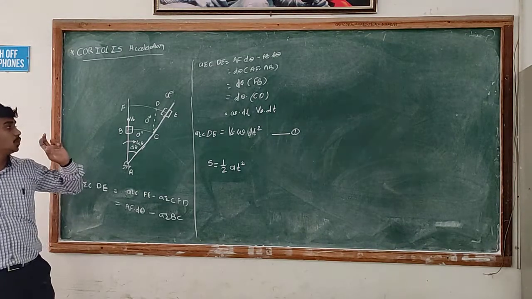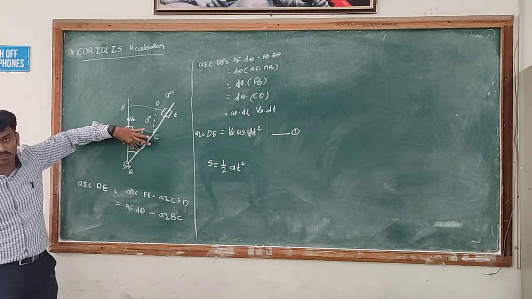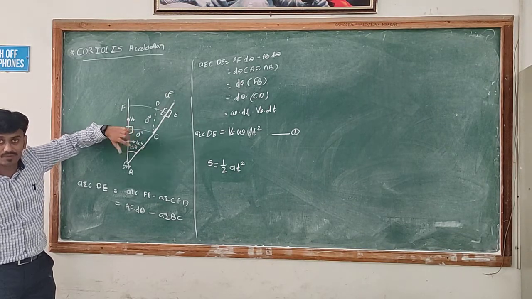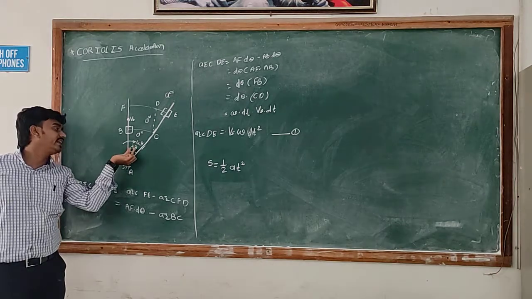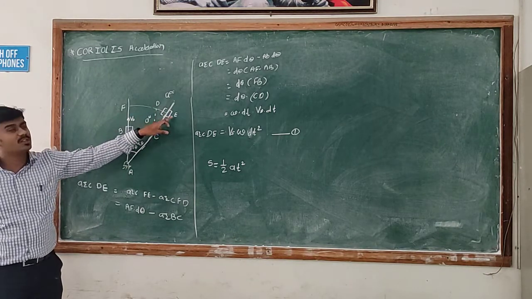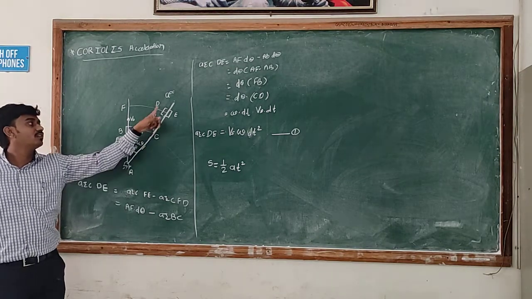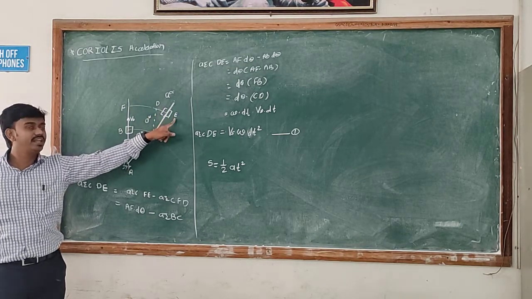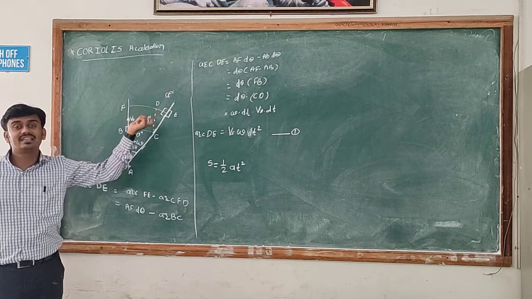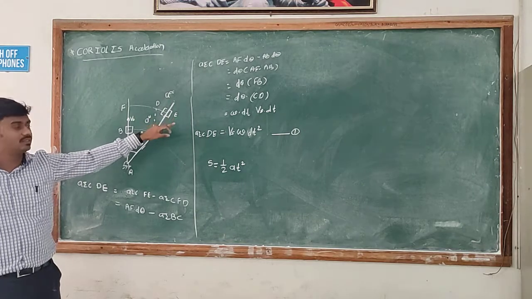Now, if this angle d theta is very small, then this distance DE is also very small, and we can consider it as a straight line.